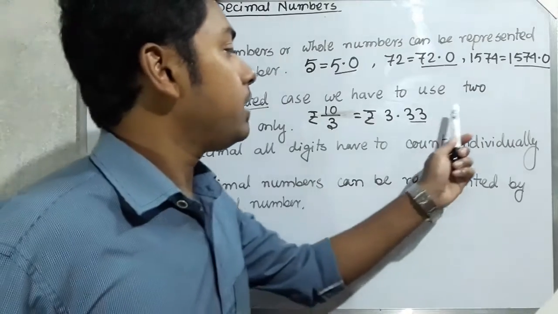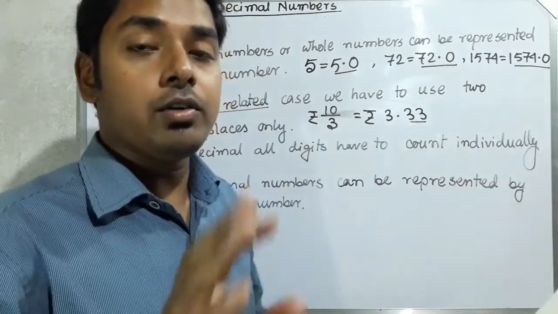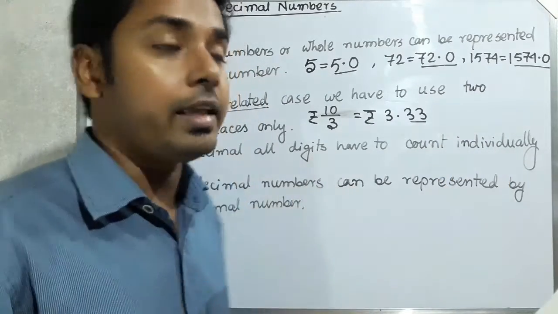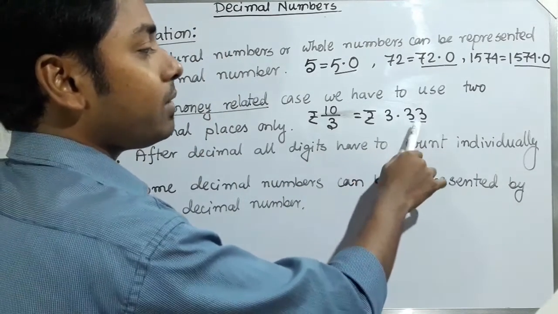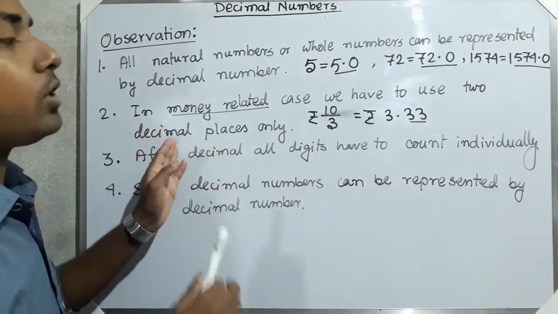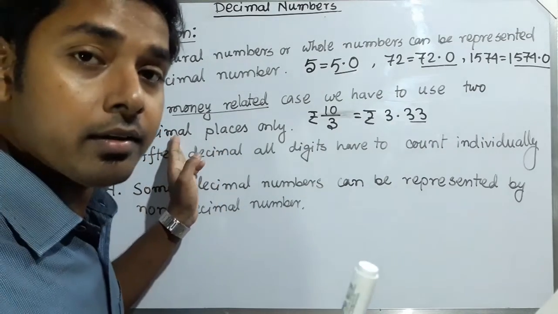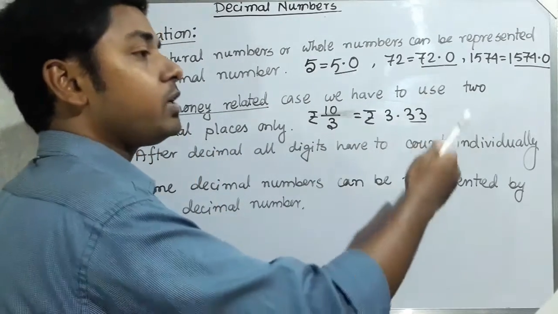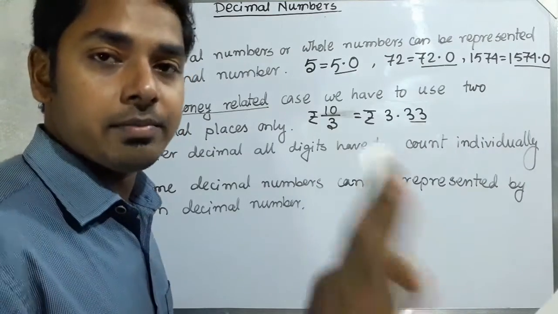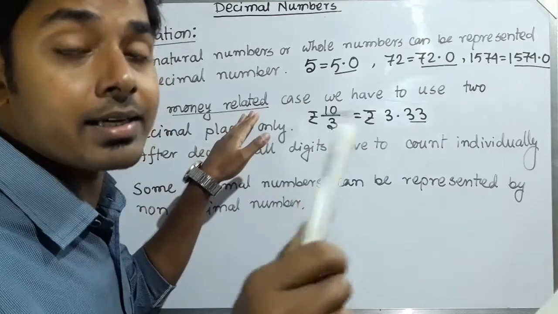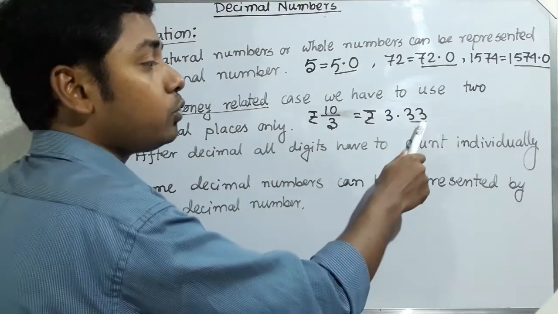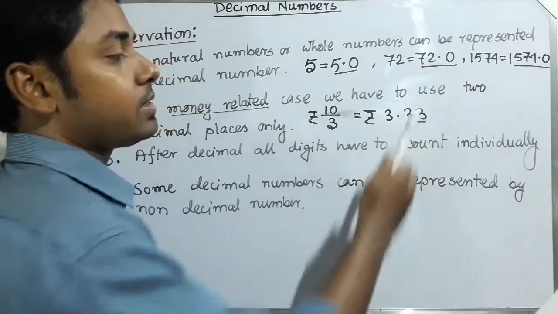And after 2 digits you should not take any digits. That means in money related cases you have to keep the decimal number in 2 decimal places only. Whether it is divisible or not divisible, it doesn't matter, but if it is a money related case, then you have to keep 2 decimal places.